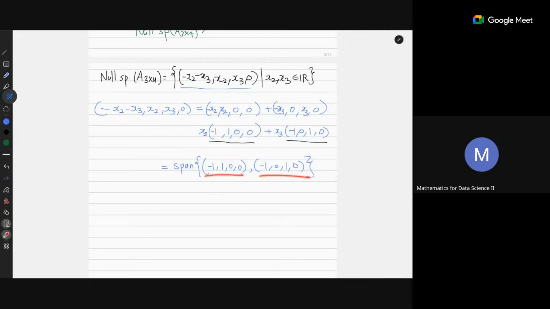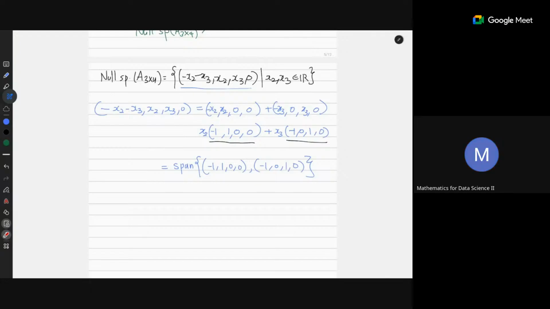First vector, second vector. Okay, but in R4, there are 4 vectors in a basis. No, but this is the null space I am calculating. I am asking about the basis of this one. I am asking if we find a basis, it contains 4 vectors.